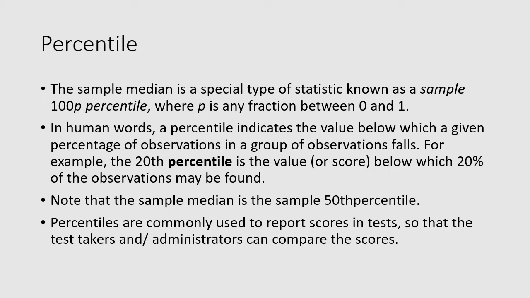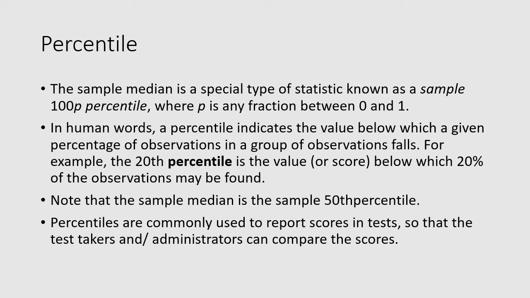What is percentile? It is a special type of statistic known as a sample 100p percentile, where p is any fraction between 0 and 1. You have to think that when we talk about percentile, it basically starts from 1 to 100. Percentile divides the data set into 100 parts. In human words, percentile indicates the value below which a given percentage of observations in a group of observations falls.